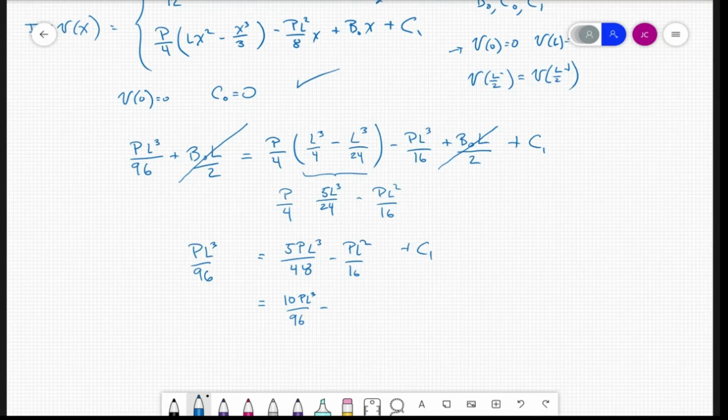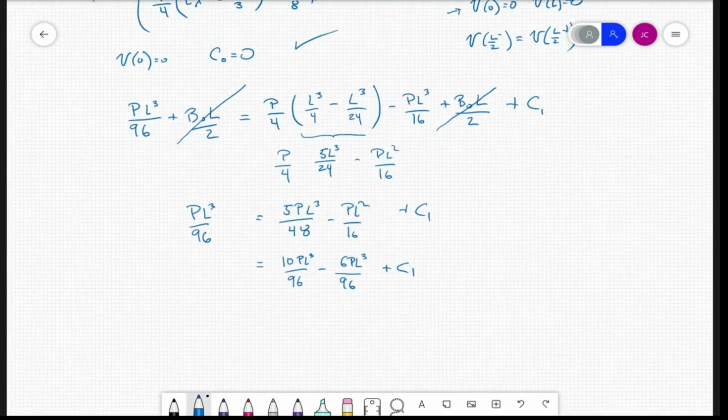Oh, I hate this stuff. Yes, so 6 times. So this is minus 6 PL cubed over 96 plus C1, right?